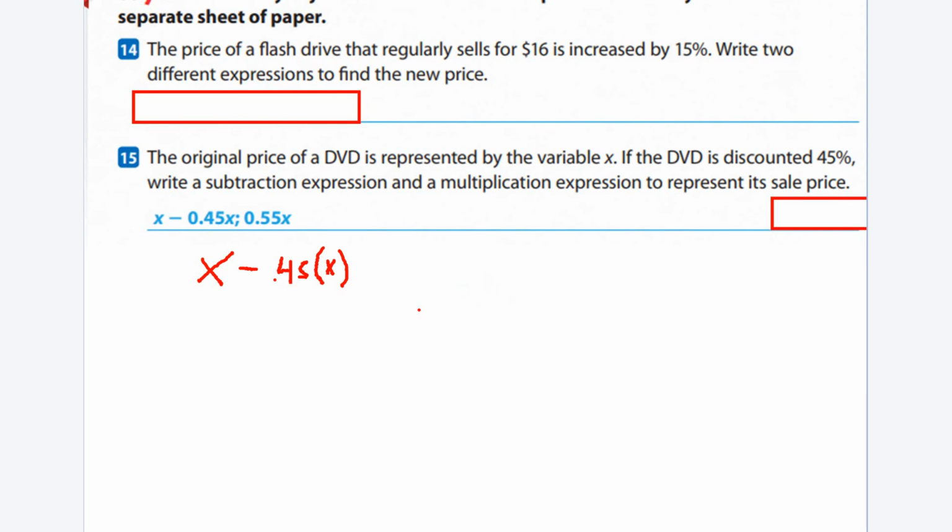Actually, let me do it in a different color so you guys can see that. The second one is 0.55x. Why? Well, if it's a 45% discount, you're actually paying 55% of it. So it's 0.55 times the DVD, which is represented by X in this case. We don't know how much it is. We don't need to, not in this question.